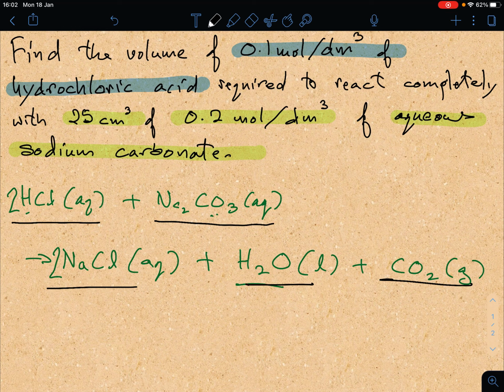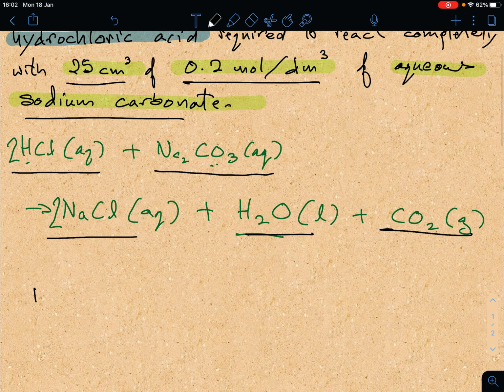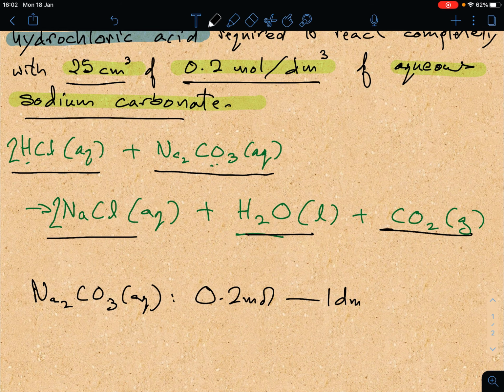How do we proceed? Well, we use whatever we are given: sodium carbonate, Na2CO3 aqueous. We are given the concentration 0.2 mole per cubic decimeter. That means 1 cubic decimeter.